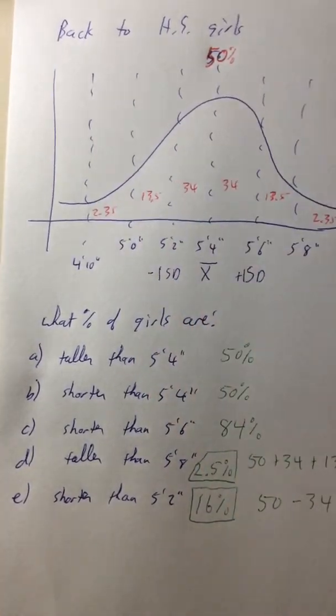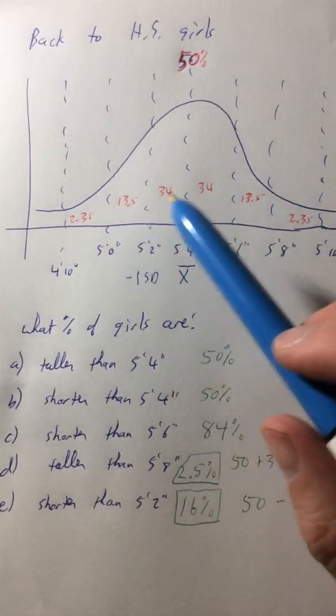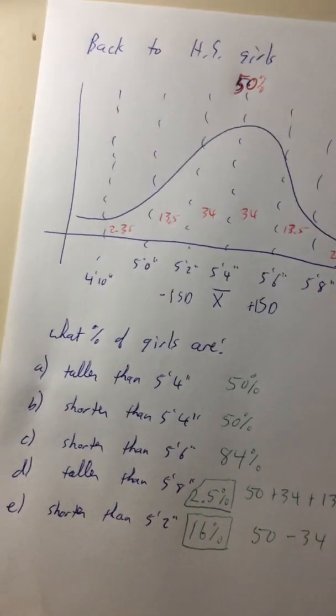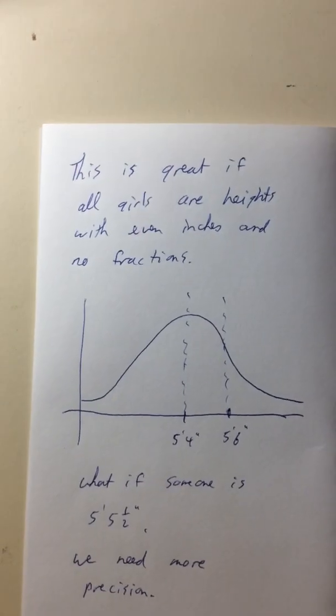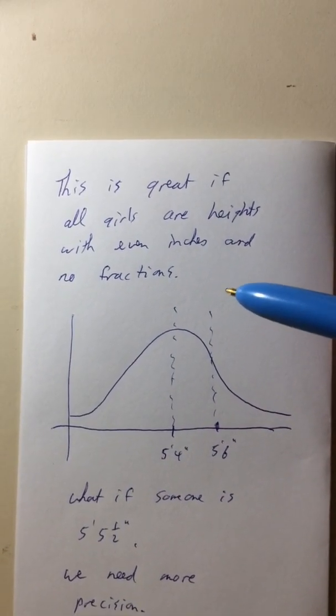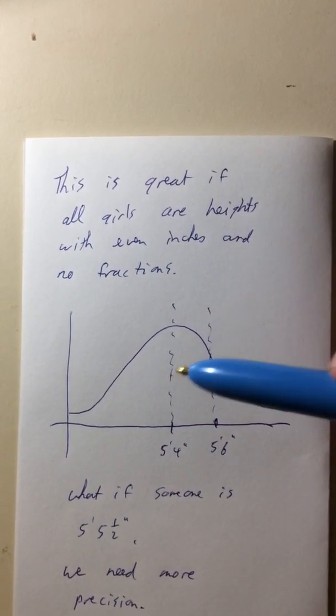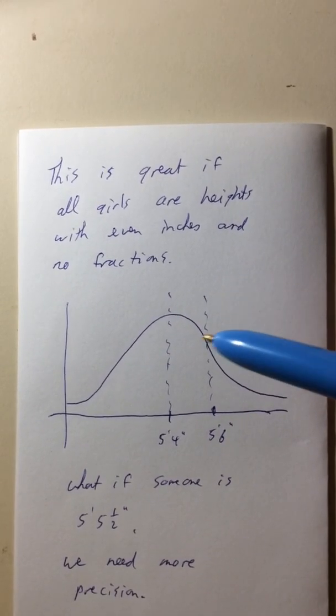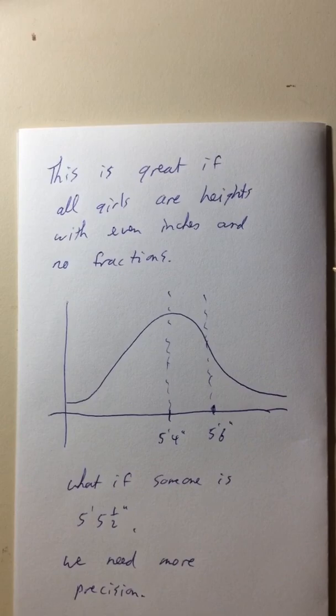Okay, so that's using the bell curve with all of these standard sorts of numbers on there. So this is all fine and good, just as long as the person or the data point or the salary or the tip or whatever it is that you're talking about lands exactly on one of the standard deviation values.